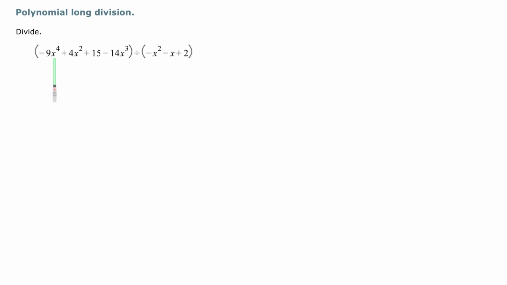Notice there's a place value of x to the 4th, there's a place value of x to the 3rd, there's a place value of x squared, but there isn't a place value of x's. So let's write this first polynomial very, very carefully. Make sure it's in descending order.